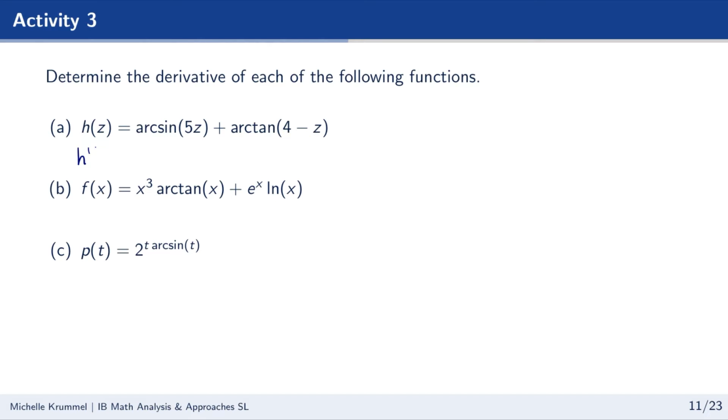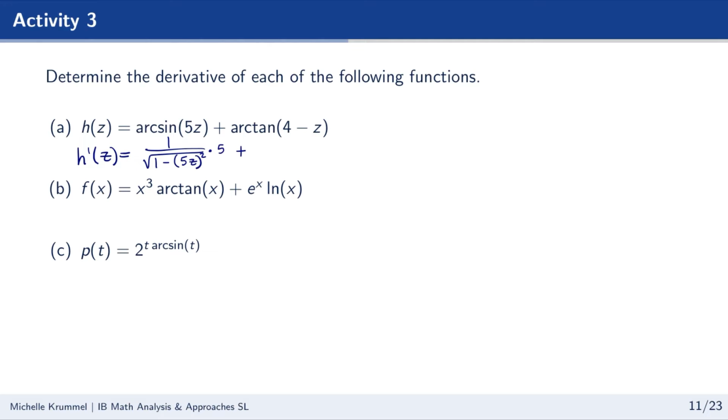So h prime of z equals the derivative of arcsine stuff, 1 over the square root of 1 minus stuff squared, times the derivative of the stuff, which would be 5.